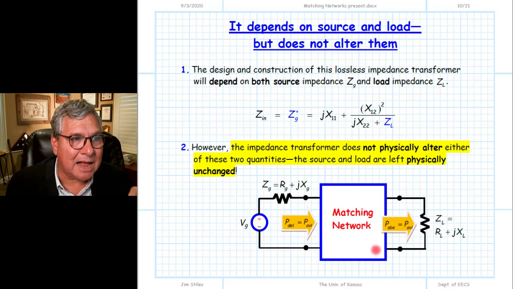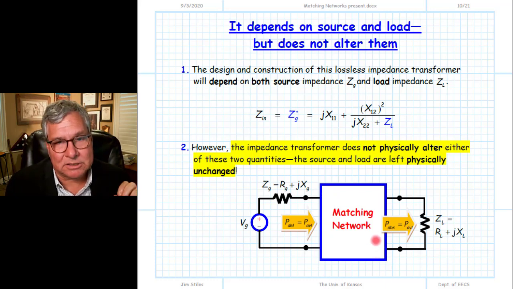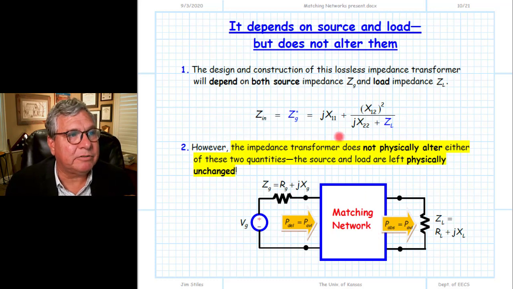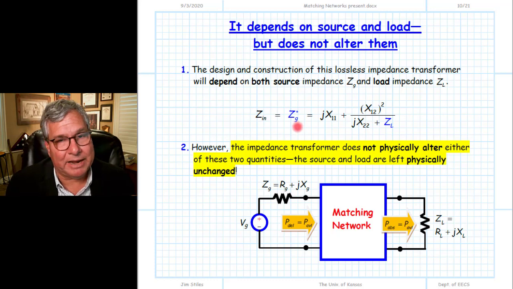We have to design the schematic of this network such that the transimpedance parameters will satisfy this design equation. We want the input impedance to be numerically equal to the source impedance, whatever that is. Again, that's given. We can't alter that source impedance. All we can do is design what's in the blue box such that the transimpedance parameters satisfy this equation.